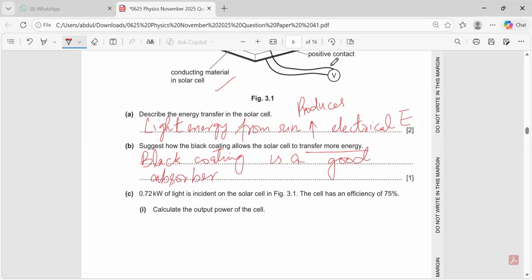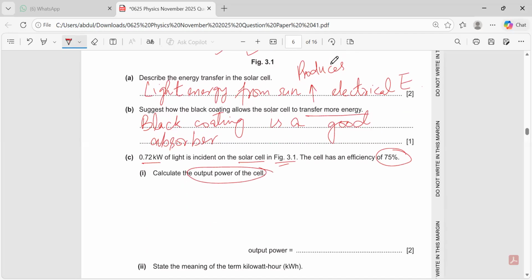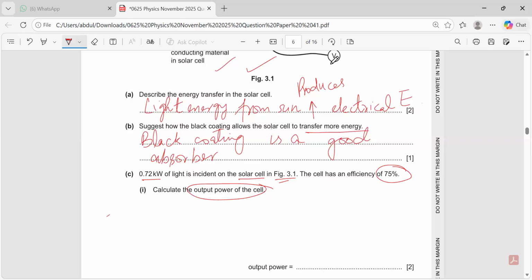Now come here. Next question. 0.72 kilowatt. It means 0.72 times 10 raised to power 3 watt of light is incident on the solar cell in figure 3.1 here. The cell has an efficiency of 75%. Calculate the output power of the cell, and how many marks? 2 marks. So we can write the efficiency in percentage.